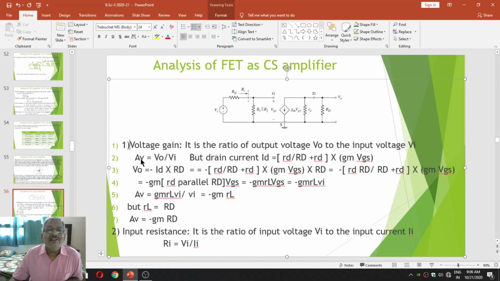Therefore, we can write VO as minus rd upon RD plus rd into Gm into VGS into capital RD, which one can write as minus rd upon RD plus rd into Gm into VGS, which one can write as minus Gm into rd parallel to capital RD into VGS.